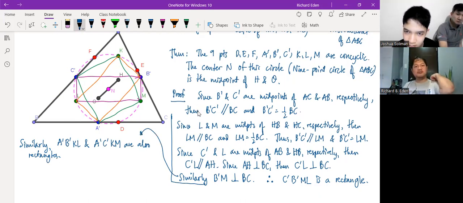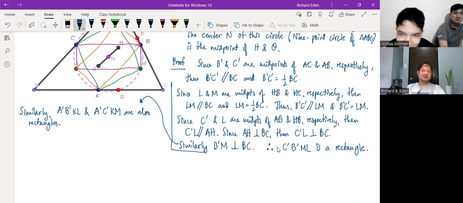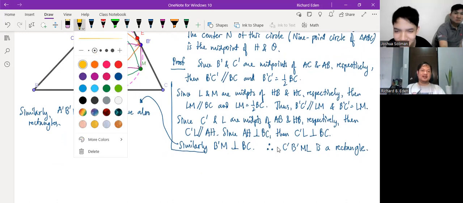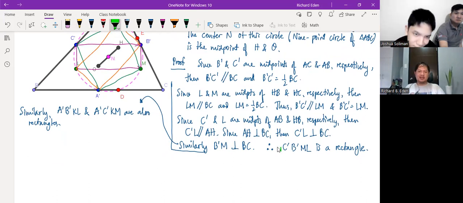Okay, now because we have rectangles, that means we have lots of, actually, diba? If you have 4 points and they form a rectangle, they are concyclic. Okay, so ito, from the first, compare natin, C prime, B prime, ML.